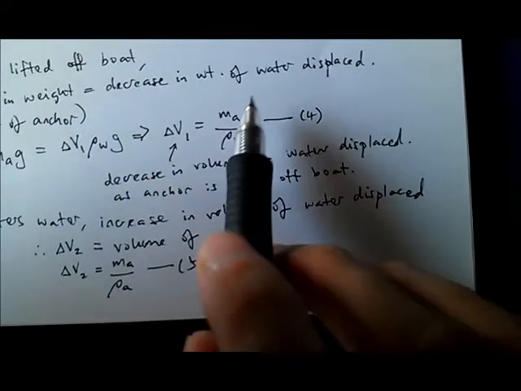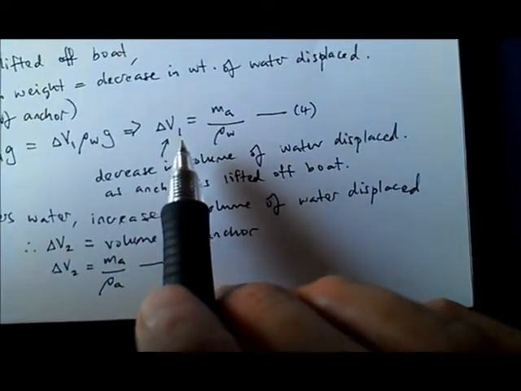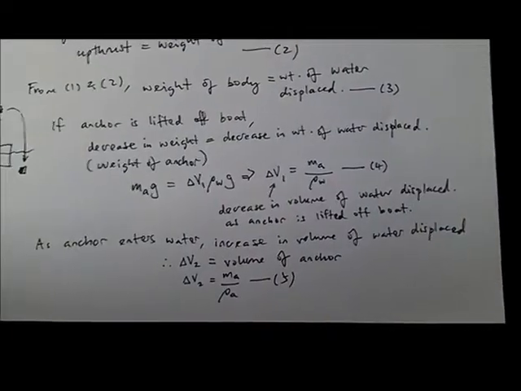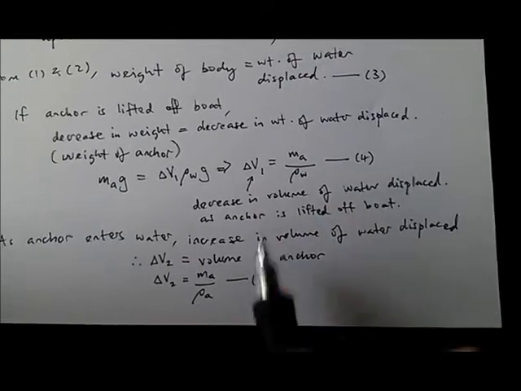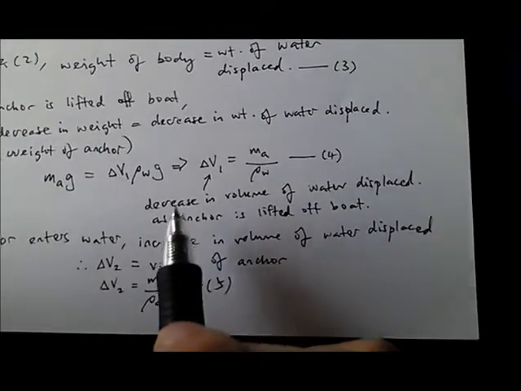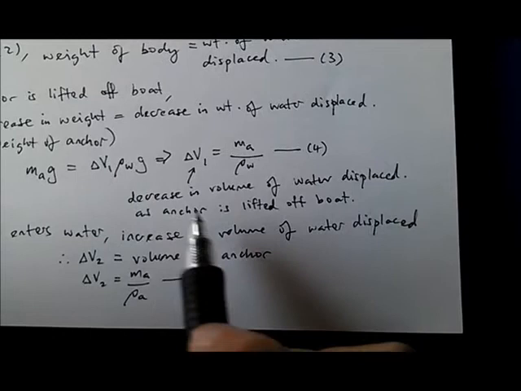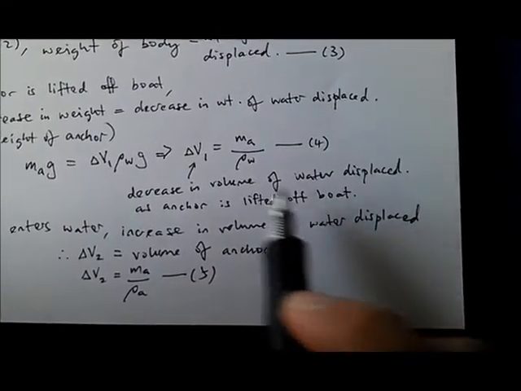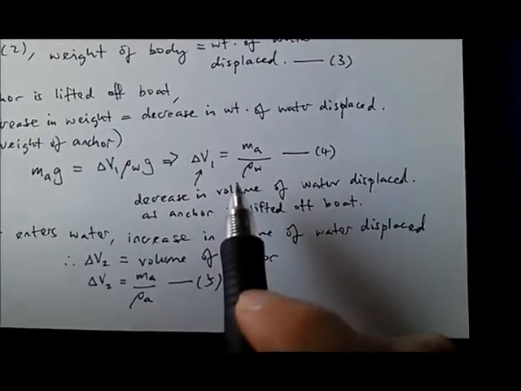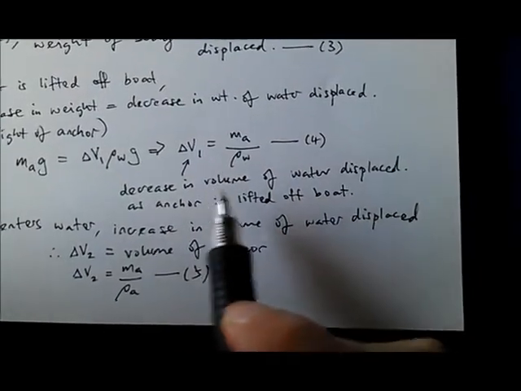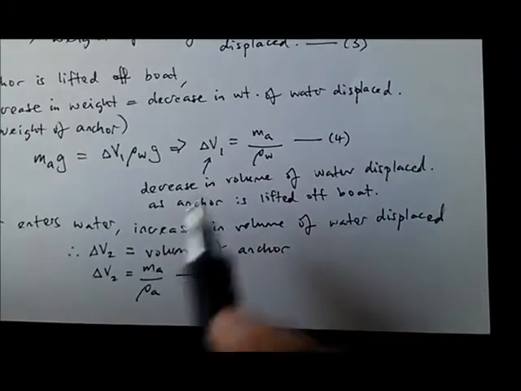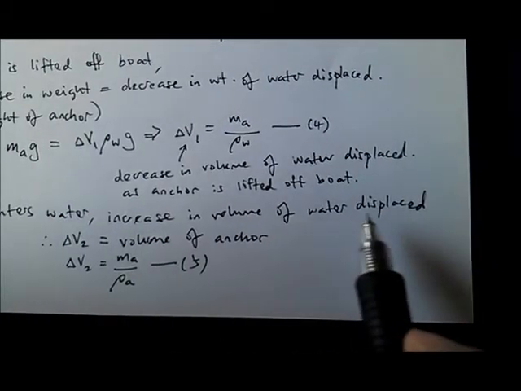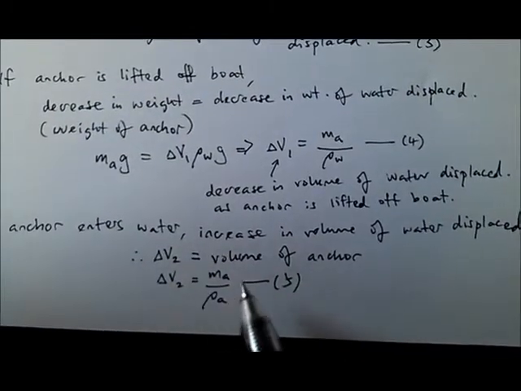Okay, so now we take note that we have two expressions. The first expression represents the decrease in the volume of water displaced as the anchor is lifted off the boat and is flying through the air, and this will of course cause a drop in the level of the pond. The second expression, delta V2, represents the increase in the volume of the water displaced as the anchor enters the water.